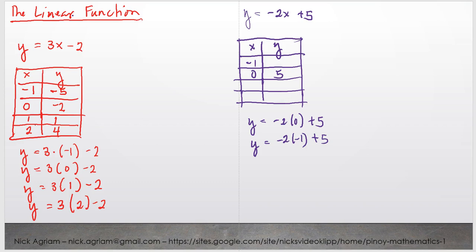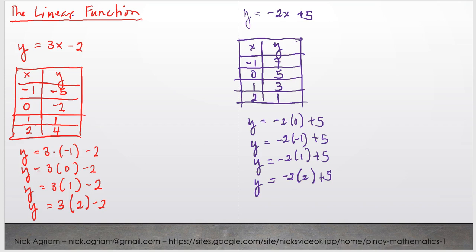Then I have 7. When x is 1, y is equal to negative 2 times 1 plus 5, and we have negative 2 plus 5, that is 3. When x is 2, y is negative 2 times 2 plus 5. Then I have negative 4 and then 1.